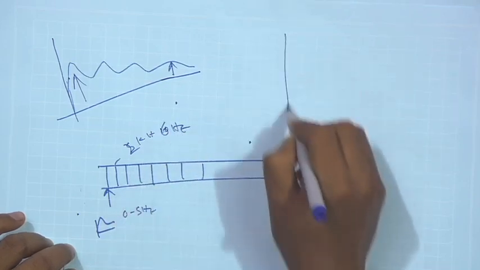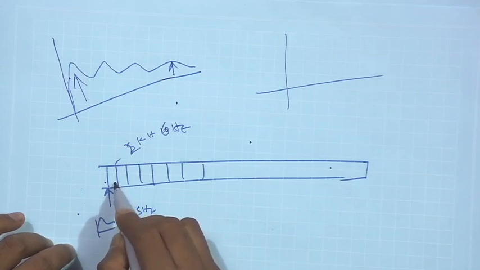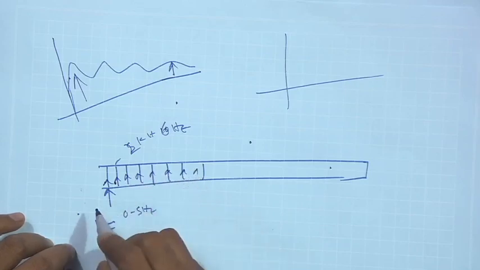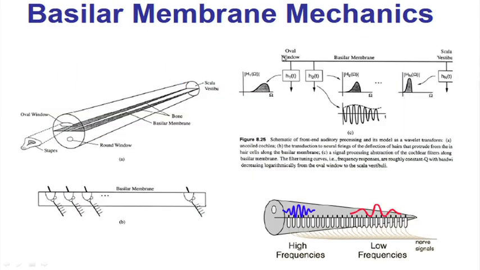So, overlapping frequency bands are perceived by each and every sensor. So, I can see the basilar membrane is nothing but the output of a different filter bank.